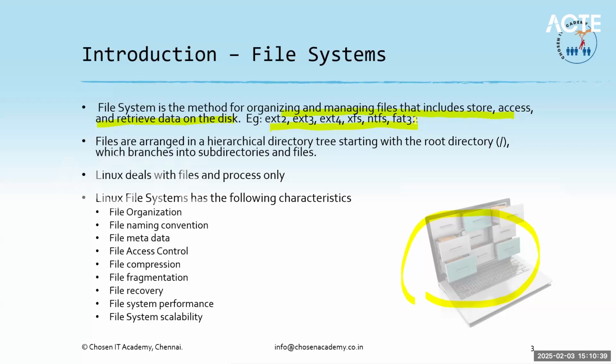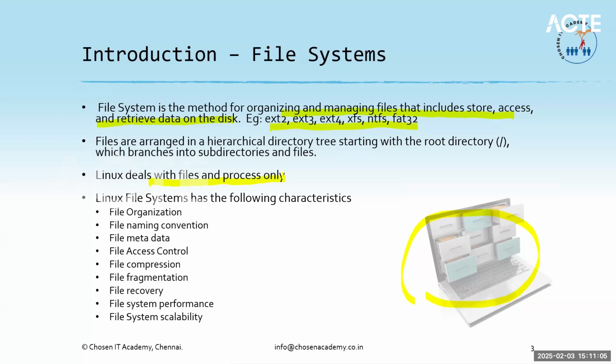Okay, that's okay. So Linux actually deals with only two items that we have to keep in mind. Unlike other operating systems, it deals with processes and files. These are the two entities Linux would deal with. All the things, including hardware and everything, are visualized in the form of files.